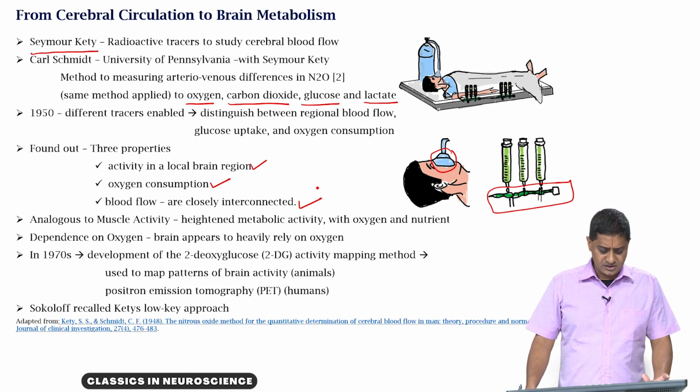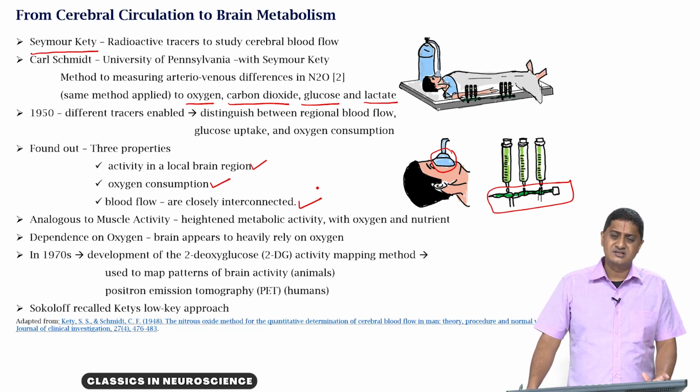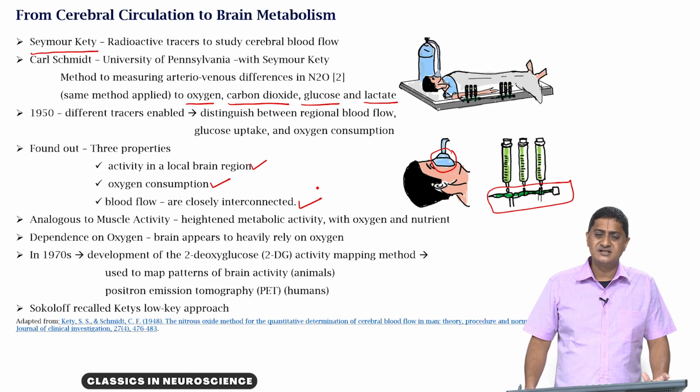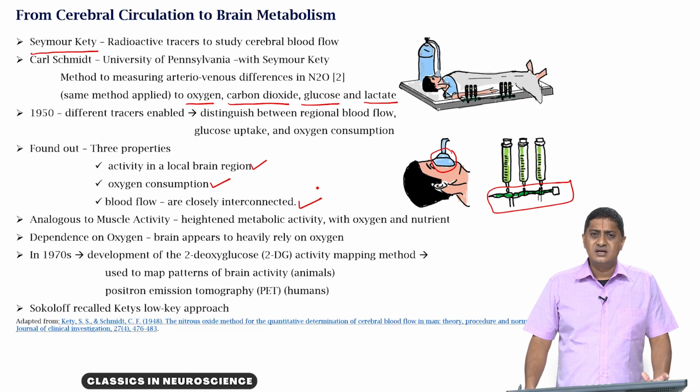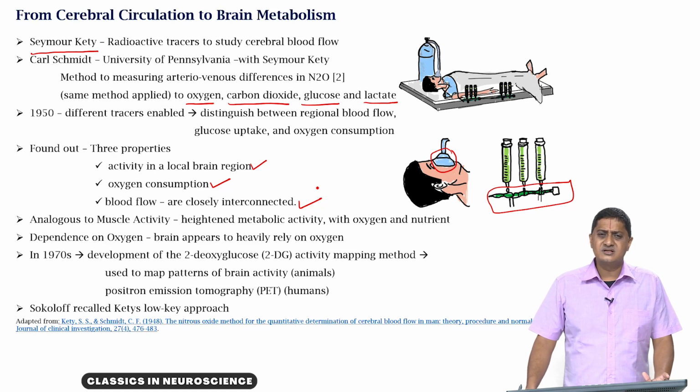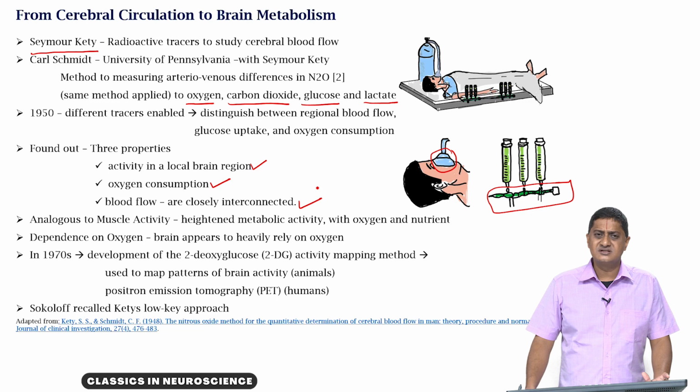Later, a different method called positron emission tomography was developed to study this in humans. And Sokoloff, one of Seymour Kety's colleagues, emphasizes how Seymour Kety's low-key approach towards these studies led to the development of this field.